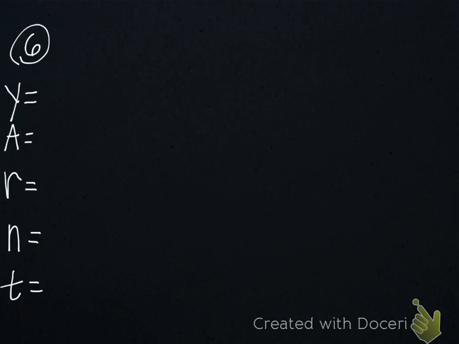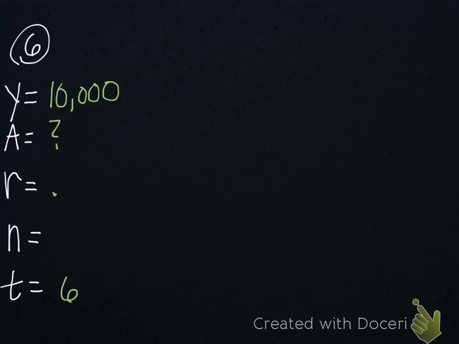Number 6. How much money must be deposited in an account paying 7% interest compounded yearly to have a balance of $10,000 after 6 years? So again, I'm looking for what we started with. I want to end with $10,000 after 6 years.